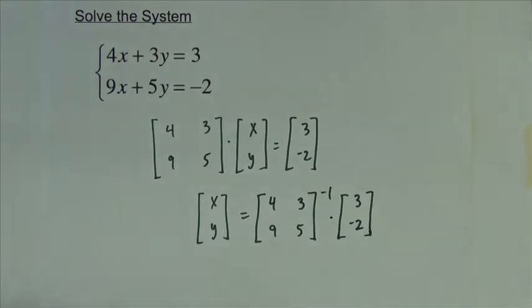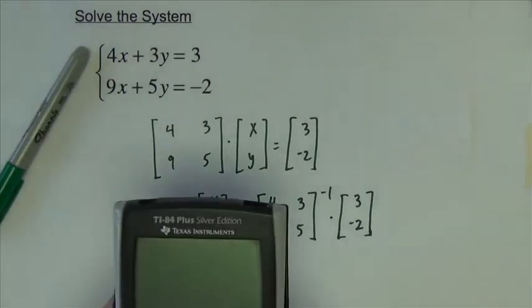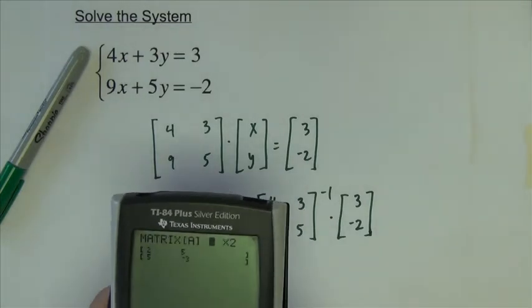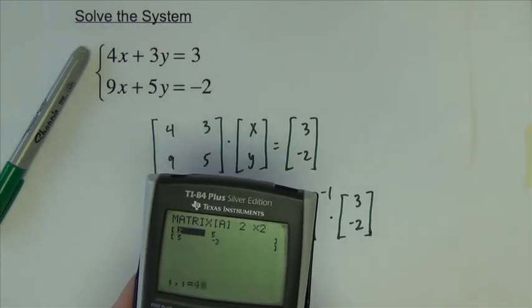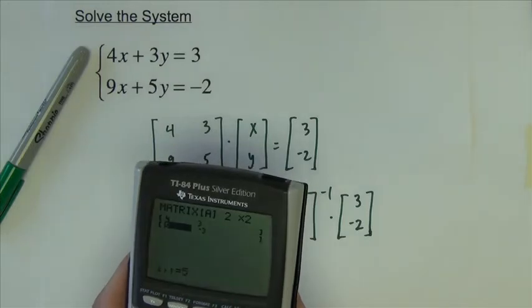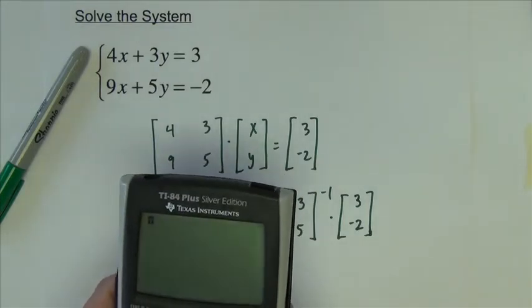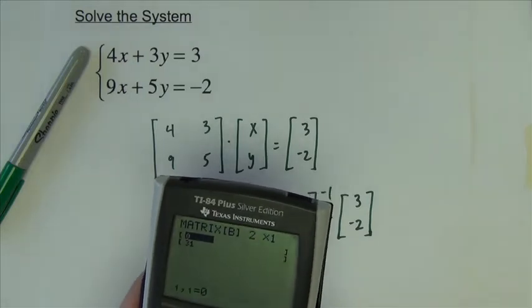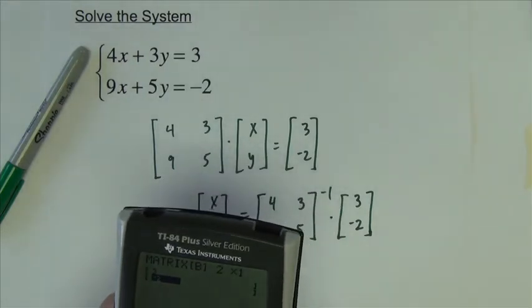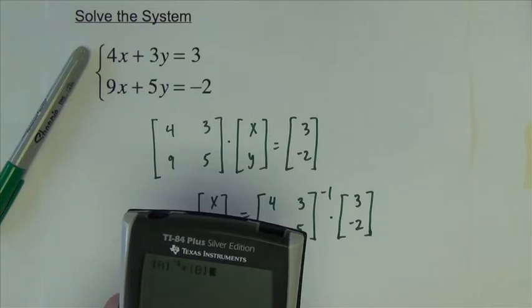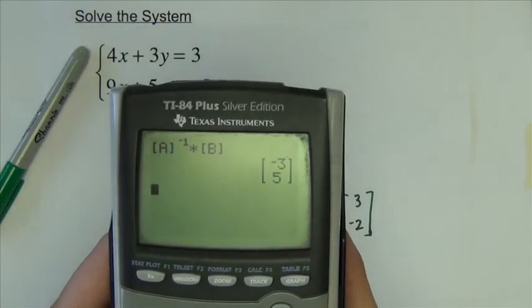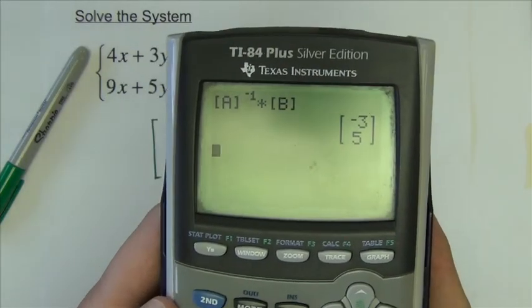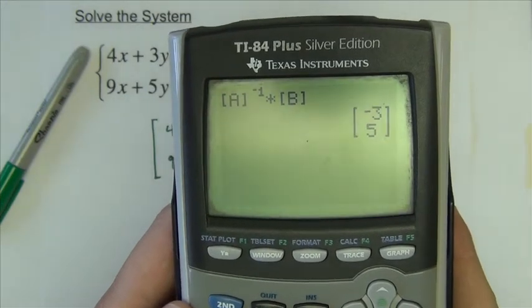We're going to use the calculator now to solve this. I'm going to edit matrix A to be the coefficients, and edit matrix B to be the solutions. Take A inverse times B, and there's our answer, -3, 5.